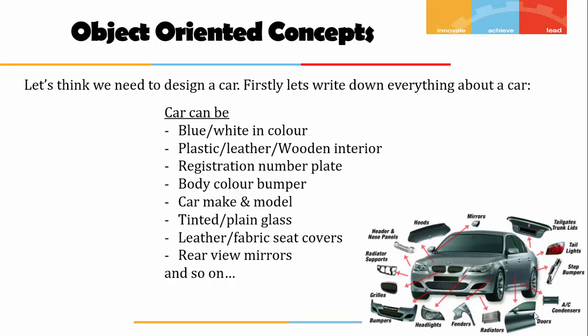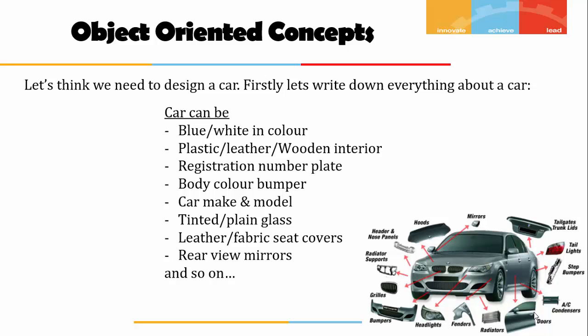A car will have some color like blue or white, then rear view mirrors, which may be present on the driver side only or on both sides. Then the build of the interior, which can be of leather, wood, plastic, etc. Like this, there can be many characteristics of a car.